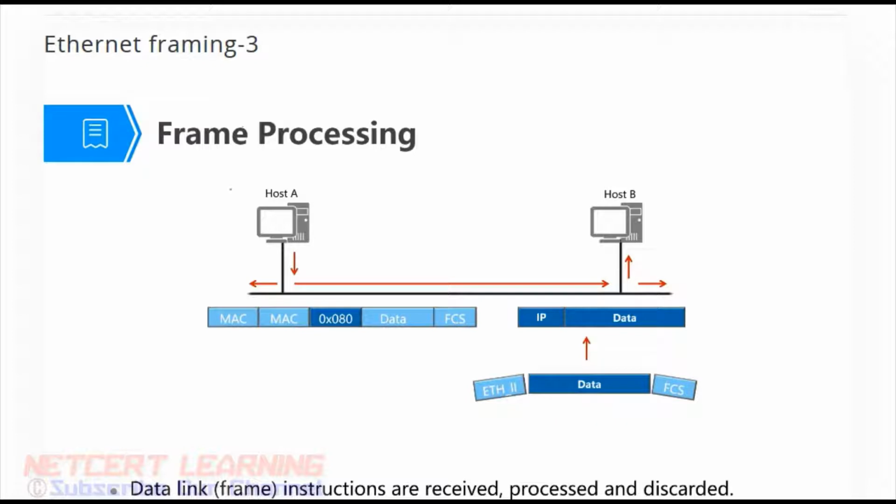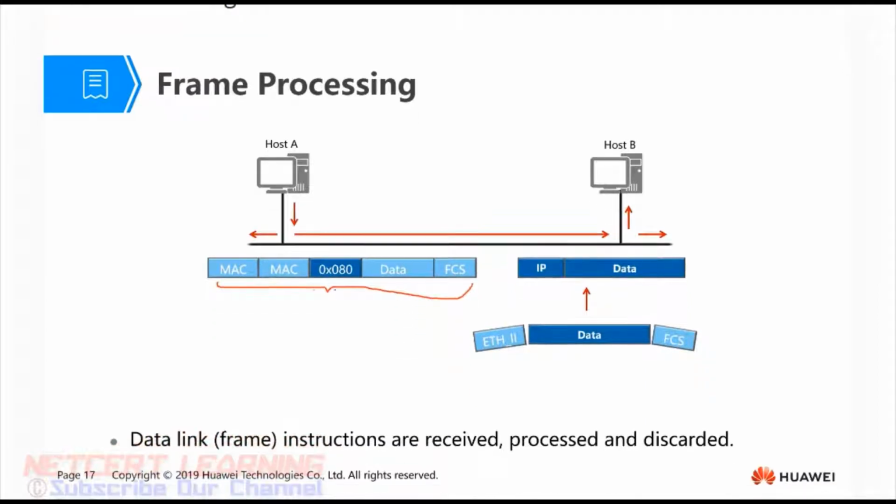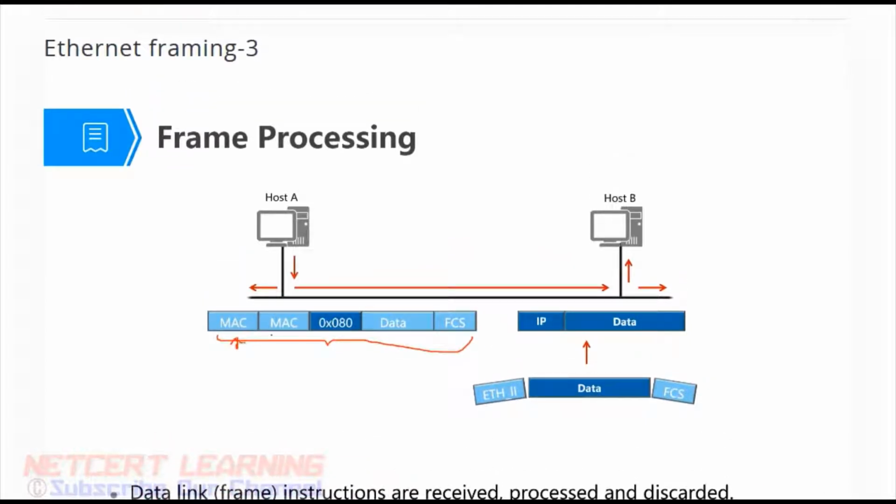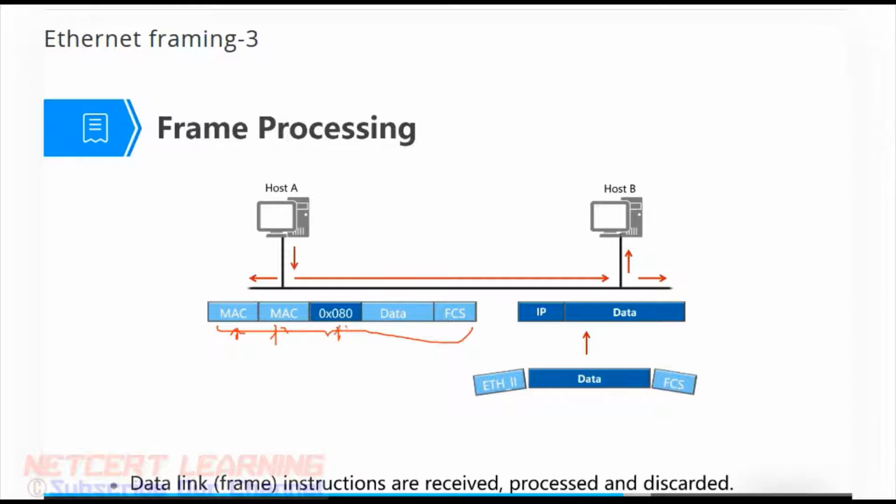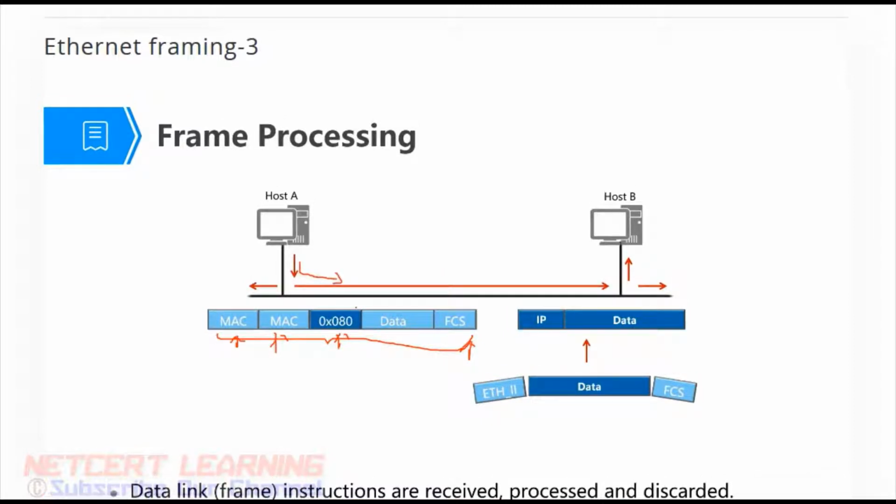Now the frame processing. Host A knows the format of the frame, how to fill each field, and how to send the data using the media. In this network there may be many devices, and the device will sense and receive the signals.